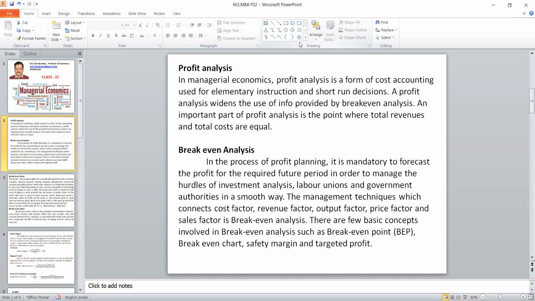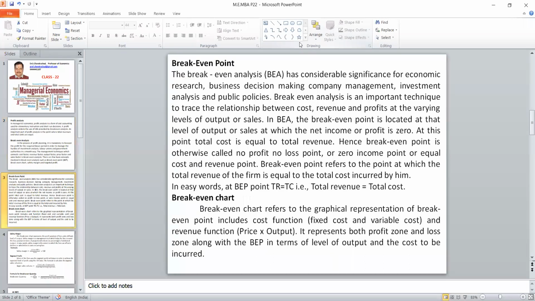For that, first we should know where we can get the break even, in the sense, when the revenue will become equal to the cost. What is that particular point? We have to study this particular thing, one by one. First, let me start with the break-even point.